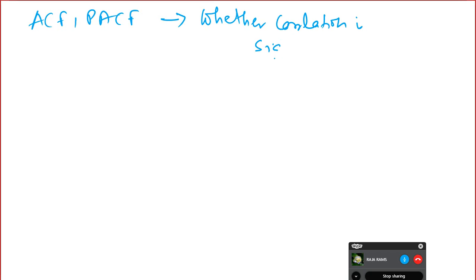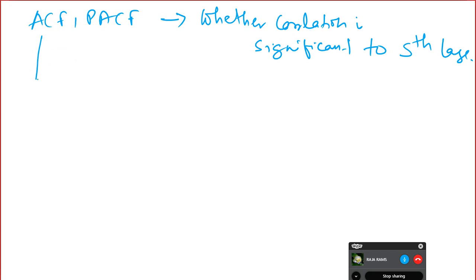With the ACF and PACF, what you are trying to find out is whether the correlation is significant up to the s-th lag.